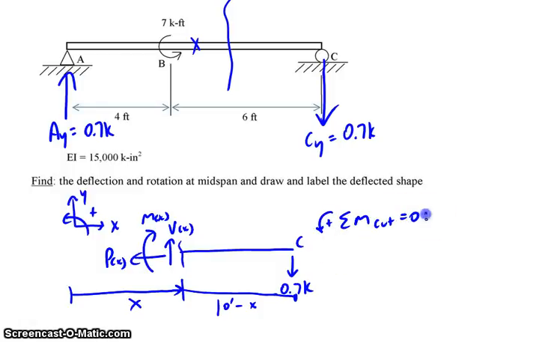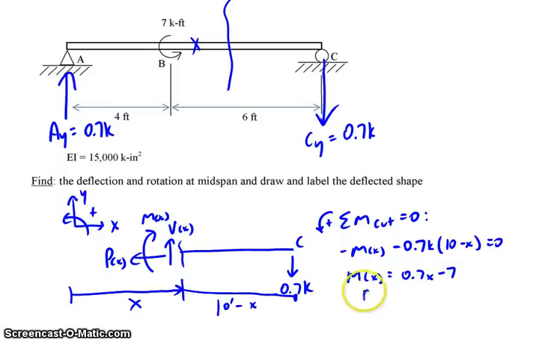We'll get negative M of X minus 0.7 kips times 10 minus X equals 0. Therefore our moment function is equal to 0.7x minus 7 for 4 feet less than x less than 10 feet.